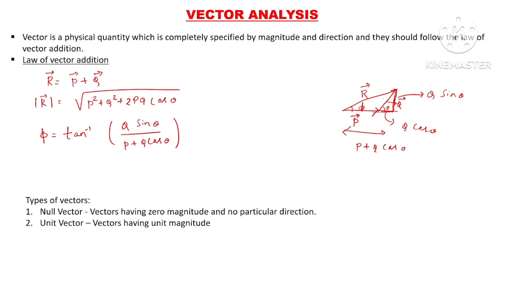Then we have the unit vector, which has a magnitude of unity. So let's say we have a vector A, its unit vector will be A cap, written as A vector divided by magnitude of A vector, right?